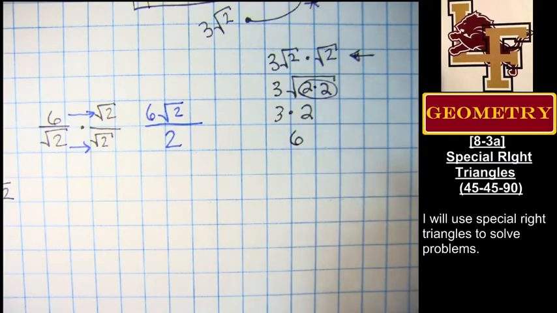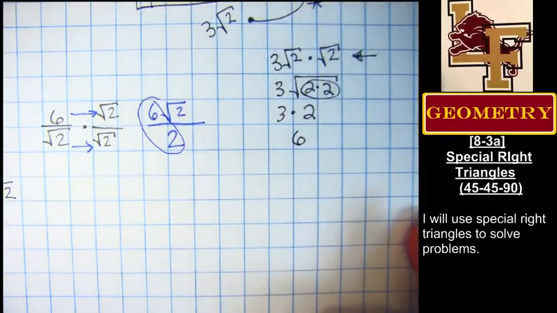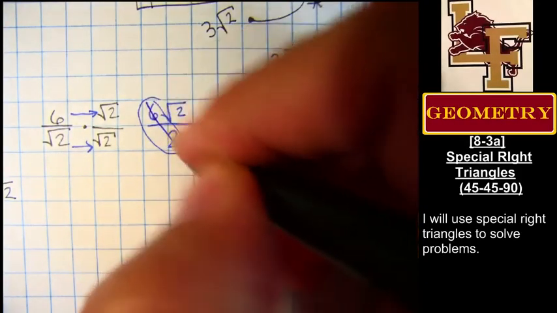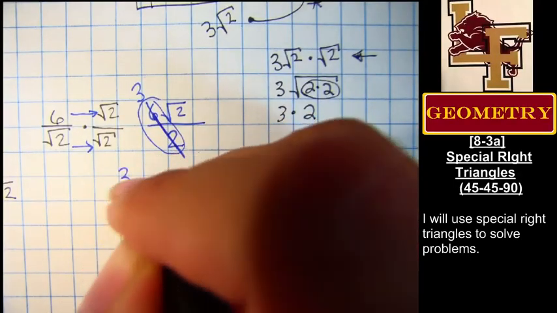This is 6 divided by 2, isn't it? Yes. Which is a 3 up here. So this then is 3 square roots of 2.